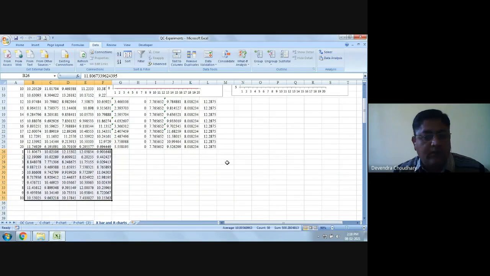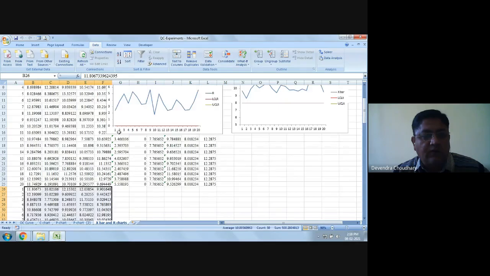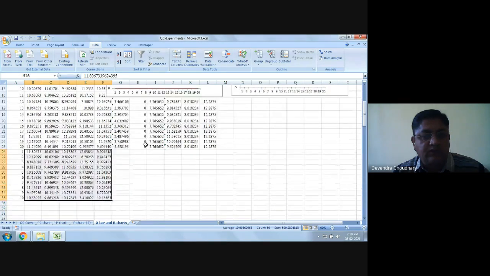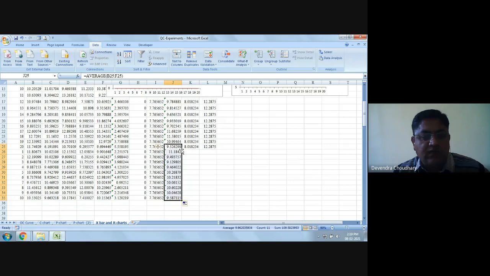Now I perform the remaining calculations of R. These will remain constant. I calculate R bar values. These will remain constant, and X bar values are calculated for these things, and these control limits will also remain constant.